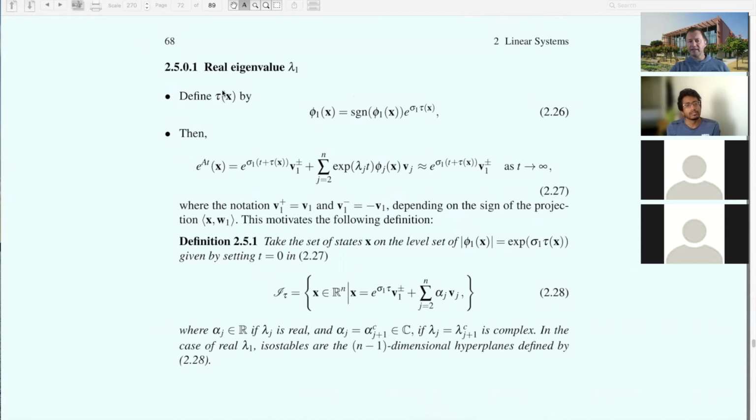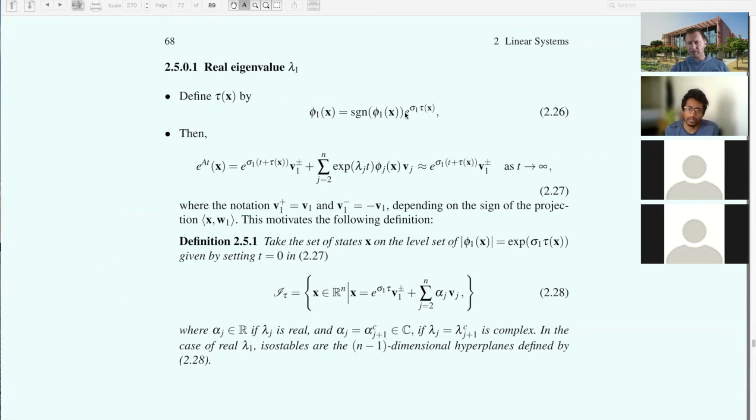We're going to define this time tau, which depends on the initial condition, by rewriting the eigenfunction φ1 as sign of φ1 times e^(σ1 τ). Yes, the eigenvalue is real, the eigenfunction is real.